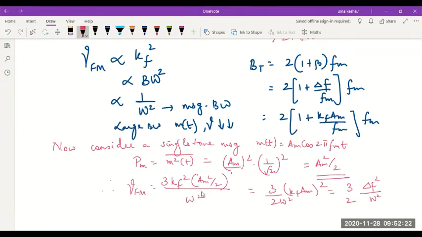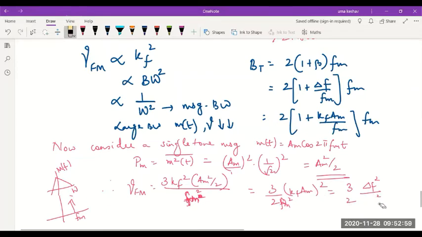W here rather than W, I should write FM because it is single tone. Yes or no? W represents the highest frequency component of a band limited message. If your message spectrum is like this, its highest frequency component will be W. Whereas if I have a single tone message, it has a single frequency FM. So in the denominator, I should have Fm square here rather than W square. Let me put Fm square.